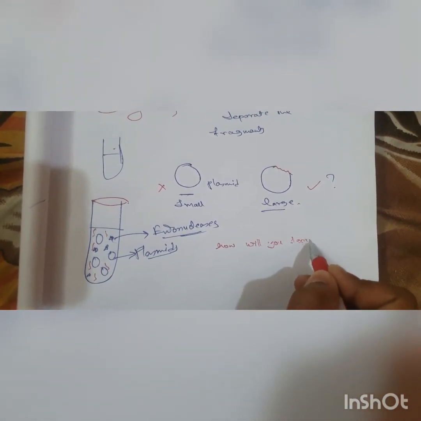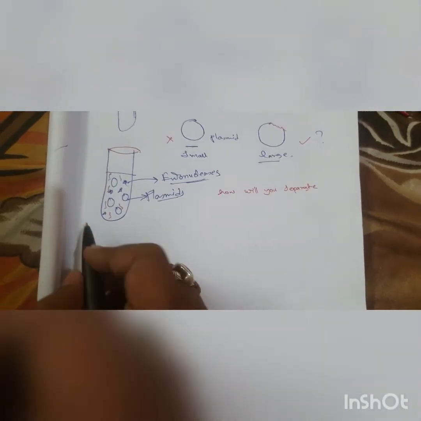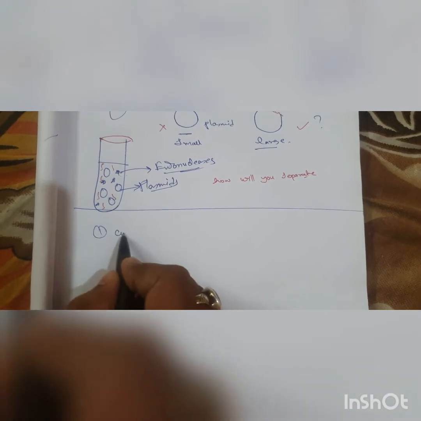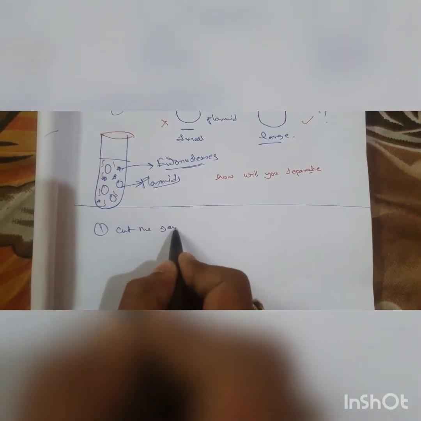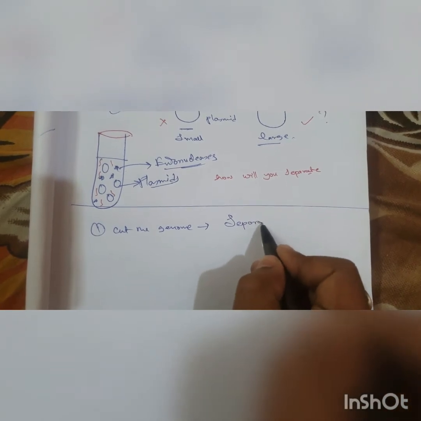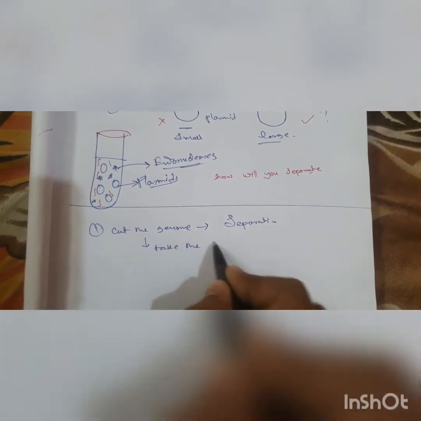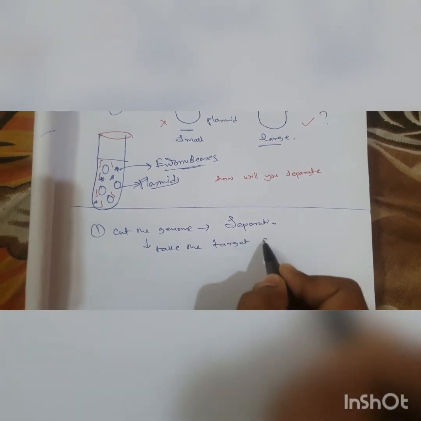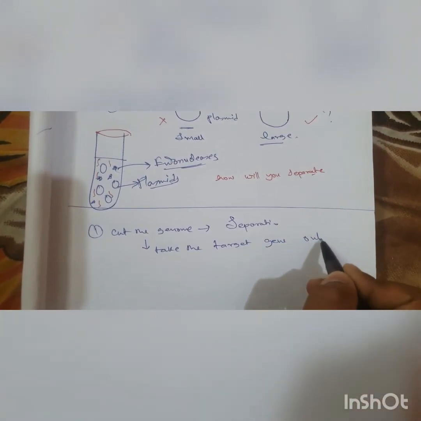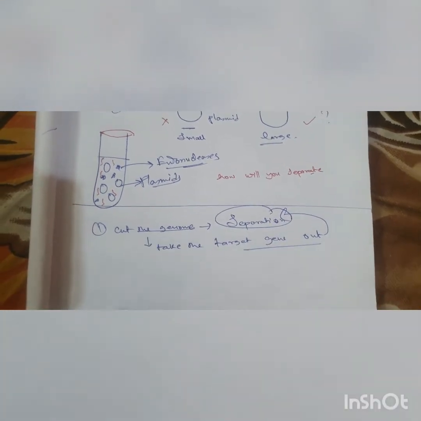So in recombinant DNA technology, the first step is to cut the genome. There is importance of separation then, to take the target gene out from the rest of the genome.